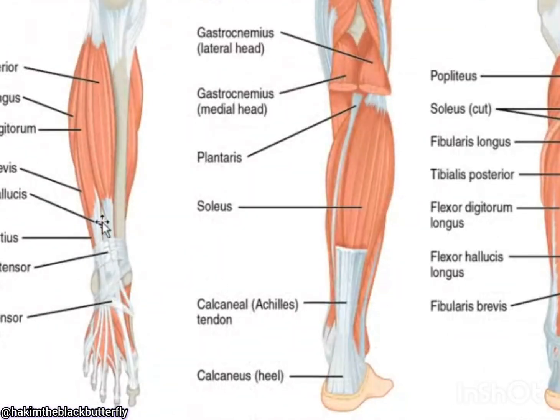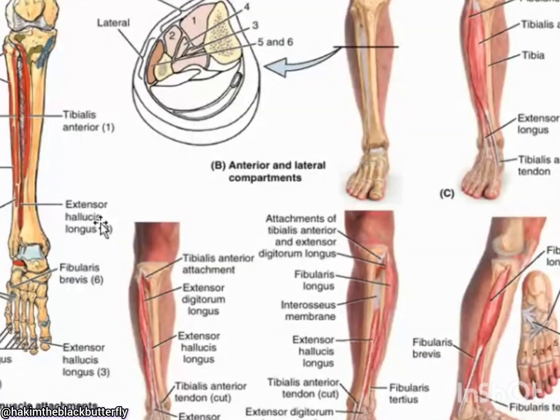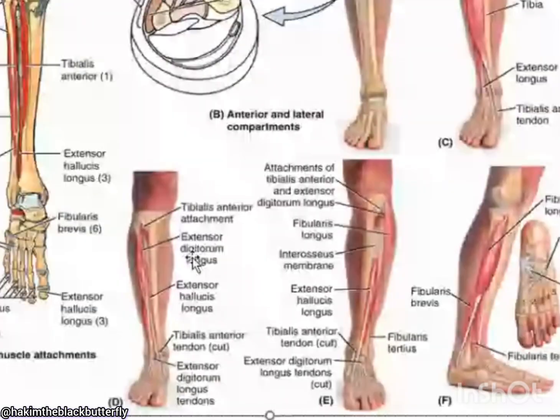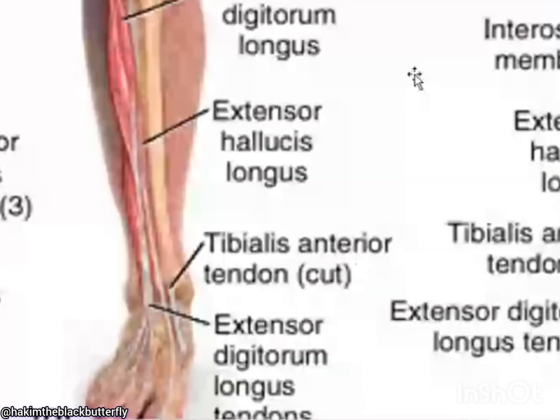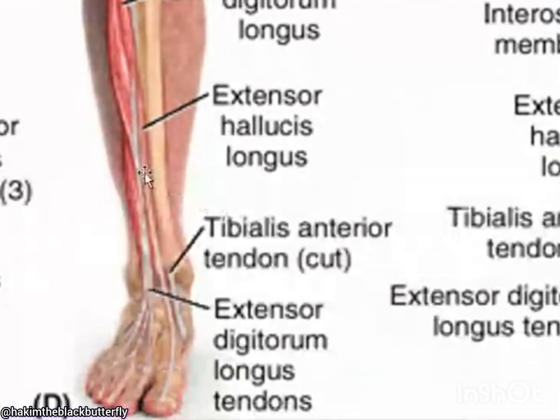Of course, this is the muscle deep layer extensor hallucis, and you're seeing that it is taking its tendon, extensor hallucis there, and its tendon is going to the distal phalanx of the big toe, and when it contracts, the big toe is extended or stretched out.